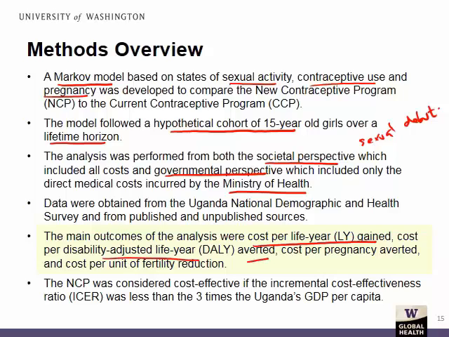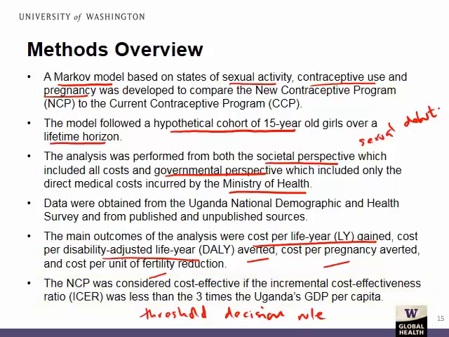But we also had cost per pregnancy averted and cost per unit of fertility reduction. And the new contraceptive program was considered cost effective if its incremental cost effectiveness ratio was less than 3 times Uganda's GDP per capita. So we had a threshold decision rule in this study.